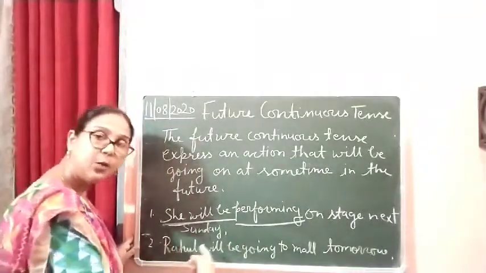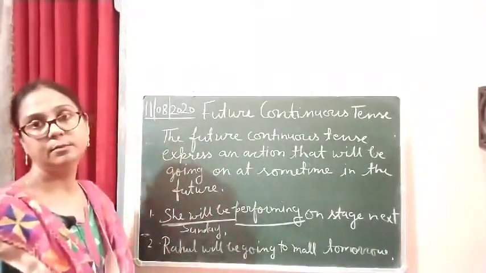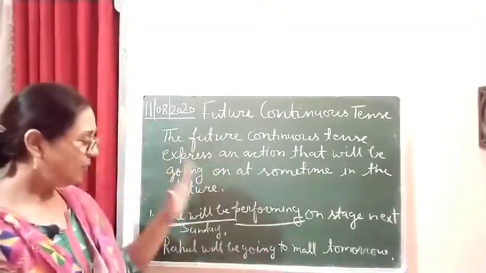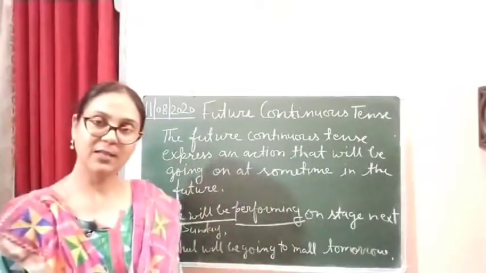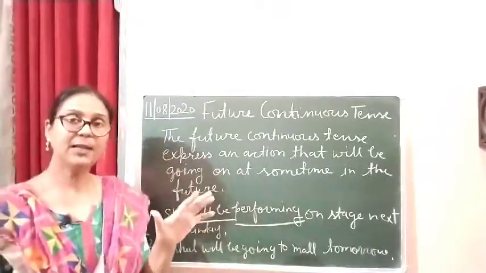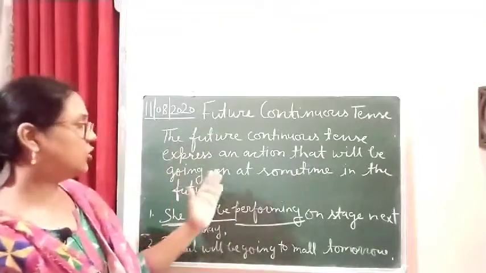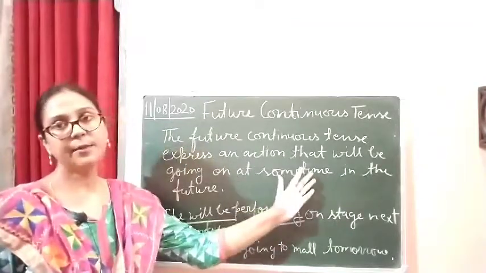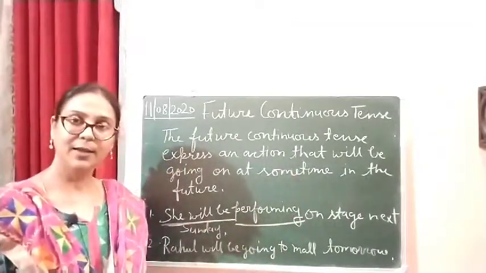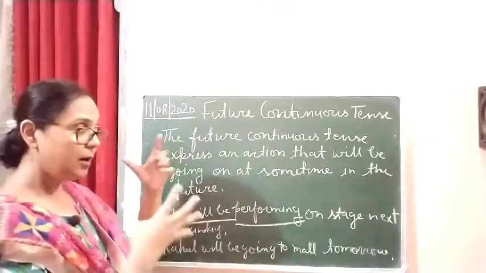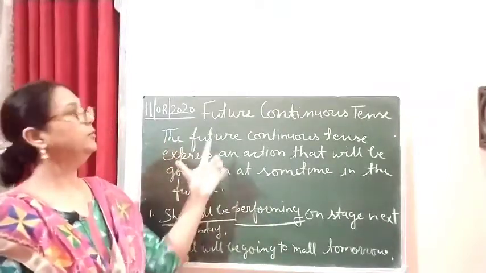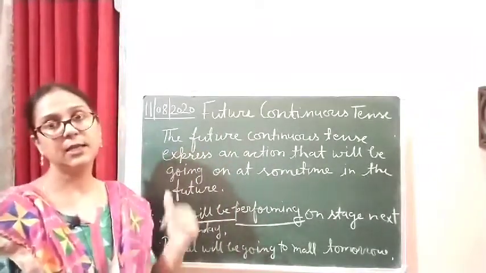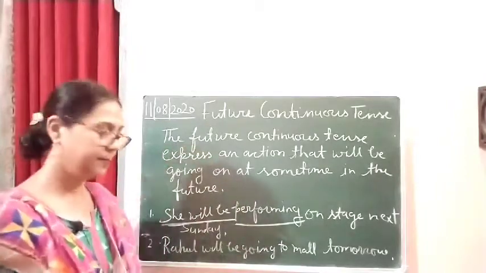He is continuously in motion, but it will be done tomorrow. So from this you understand that future continuous tense describes an action that will be going on at some time in the future. Now we are moving to learn about the forms of future continuous, how we are going to form a sentence in future continuous tense.